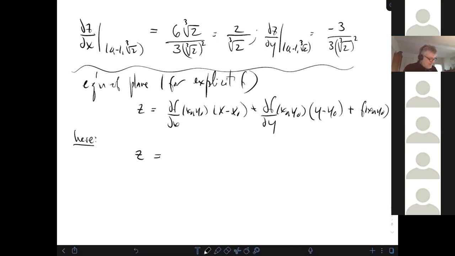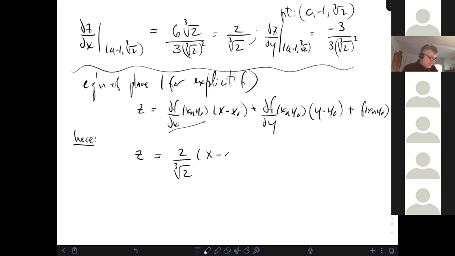So my del z del x is given here, I've got 2 over cube root of 2 times x minus my point, which is 0 minus 1 cube root of 2.